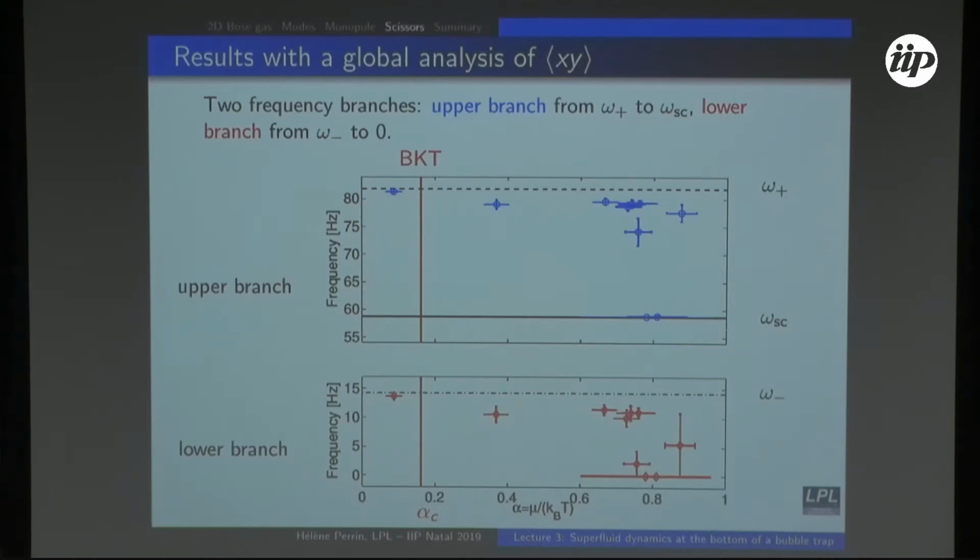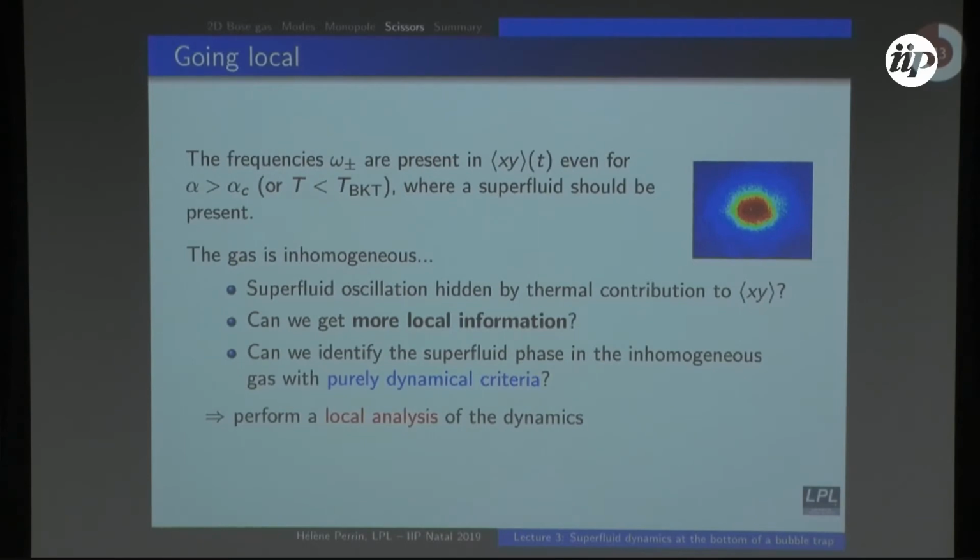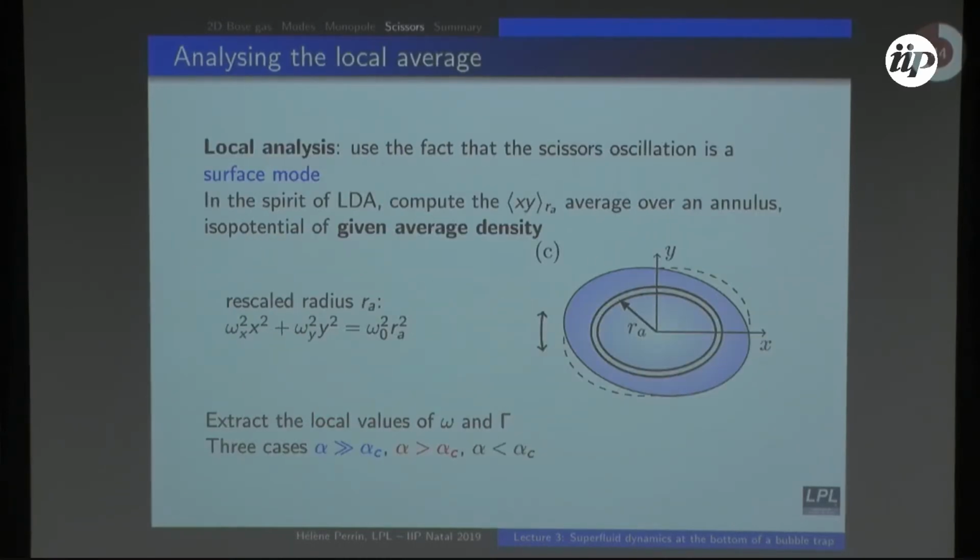So now, instead of doing that, let's make an analysis which is more local. So instead of making this average value of xy over the whole cloud, we make this average value over a thin annulus.